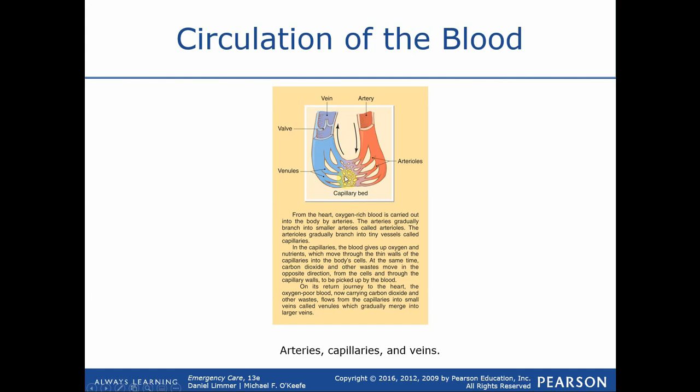Capillary beds allow for the gas exchange to occur, so oxygen goes out into the cells, carbon dioxide comes back in to the capillaries, and then from here we go back through tiny little veins called venules, back into large vessels called veins, and then this deoxygenated, or in this case, carbon dioxide rich blood is traveled back to the heart and then eventually back to the lungs to be exchanged once again.